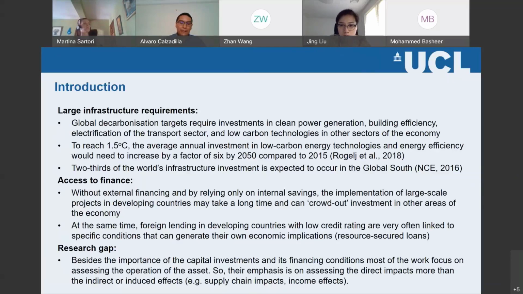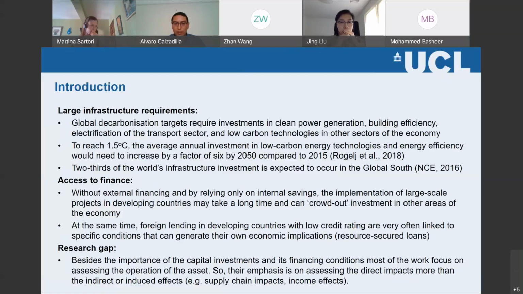So besides the importance of the capital investments and the financing conditions, most of the work until now assesses only the operation of the asset. So in this case, they assess only the electricity generation. They have a strong emphasis on the direct impacts, but the indirect and induced effects are almost neglected.